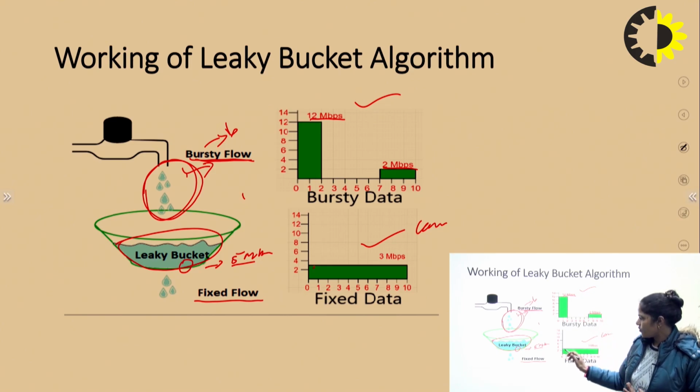But here we have a constant rate at all times, that is, the data travels at a constant rate. Let's suppose it will be 3 Mbps. All the time the data will be 3 Mbps, not sometimes 4 and sometimes 5. This is not the case in the fixed data flow rate, or you can say the constant flow data rate.